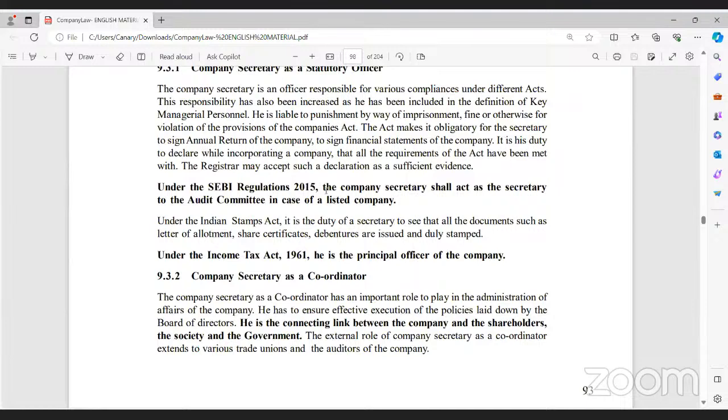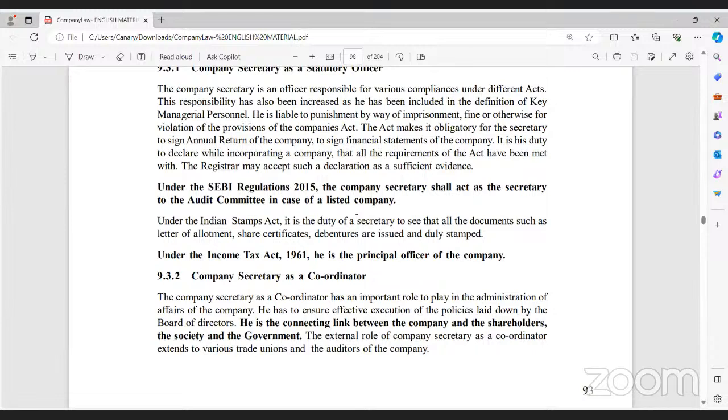Next, under the SEBI regulation, the company secretary shall act as secretary to the audit committee also. Means, while listing the company, that is, a company which is issuing its shares to the public and raising capital has to register its name with the stock exchange. And when that issue of shares takes place through the stock exchange, we call that company listed on the stock exchange.